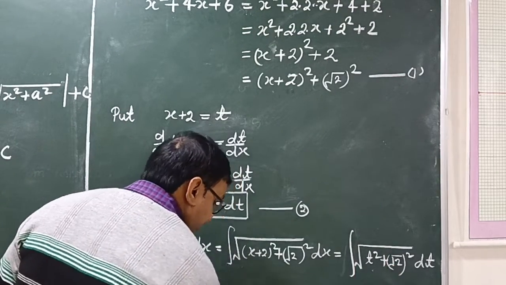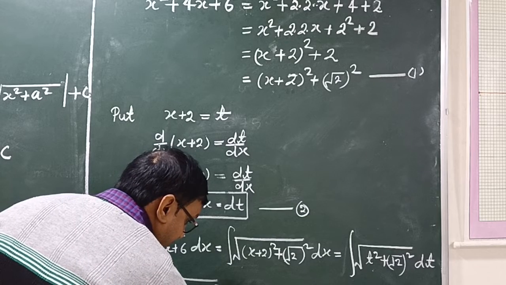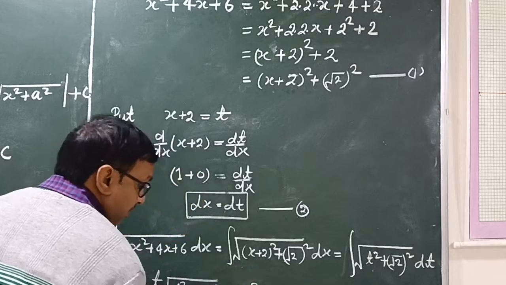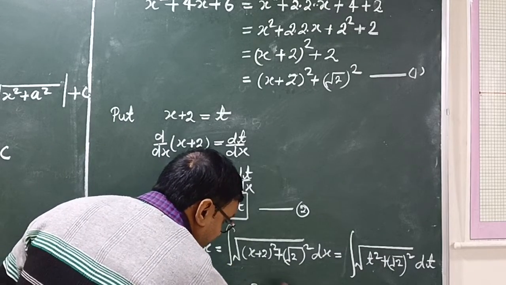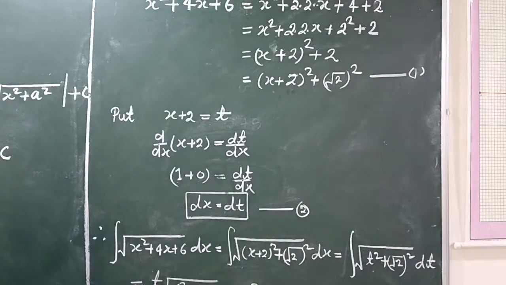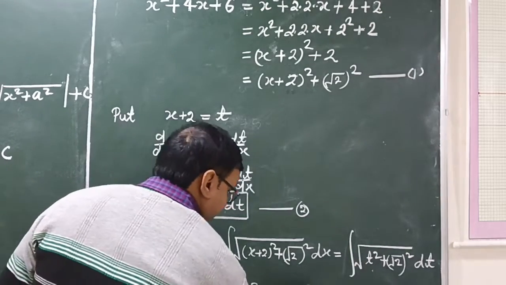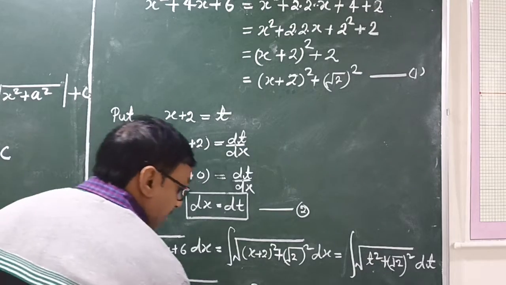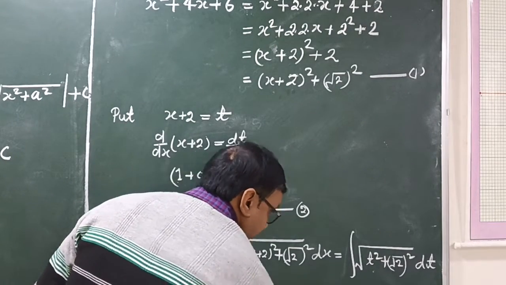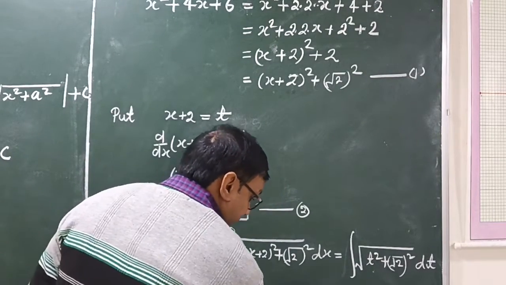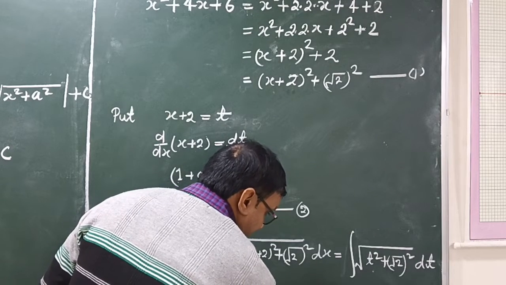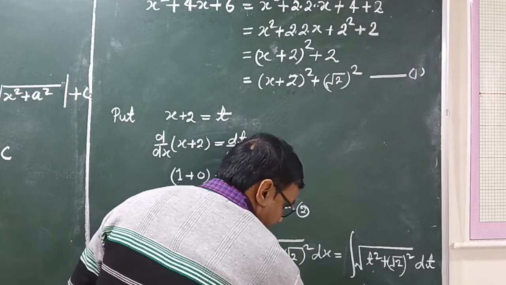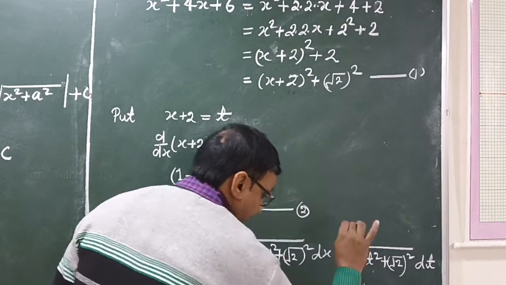Here a is under root 2, so a square by 2 is under root 2 square by 2, log modulus of t plus under root t square plus under root 2 square, modulus closed, plus c. Clear?